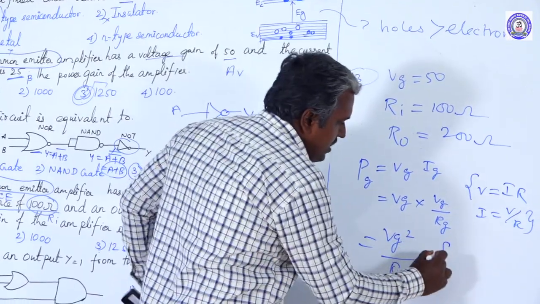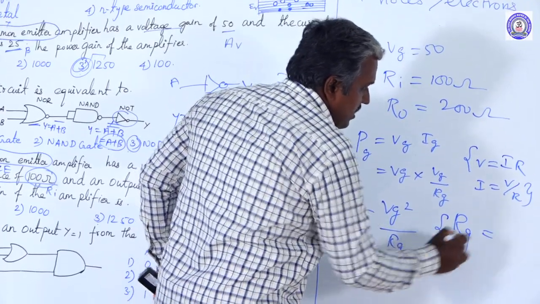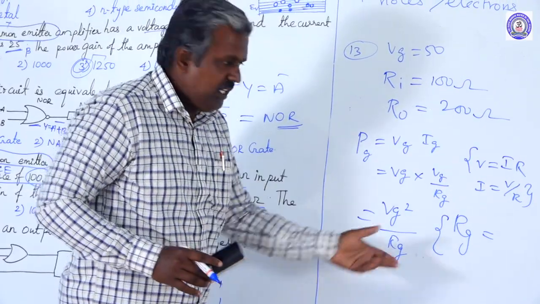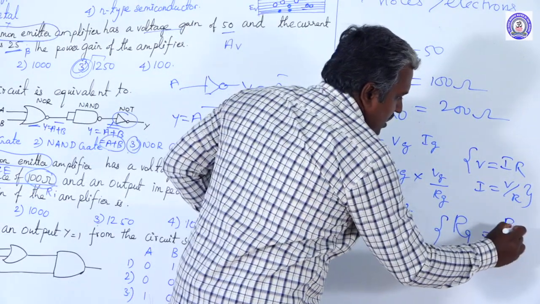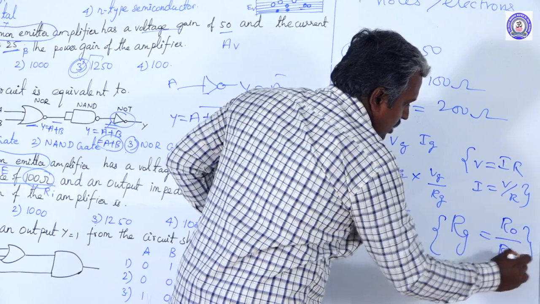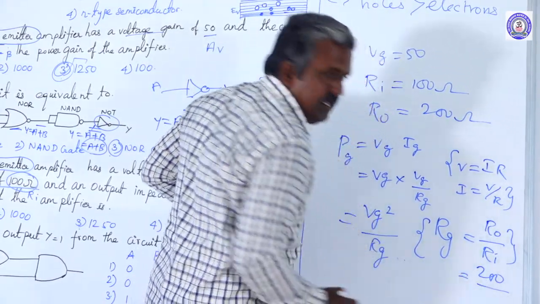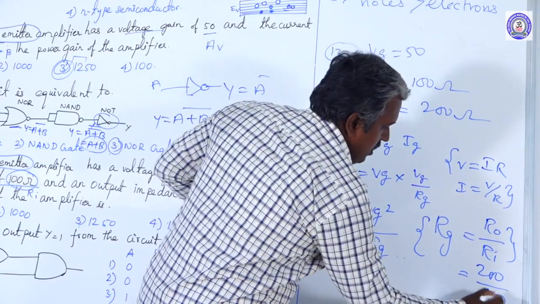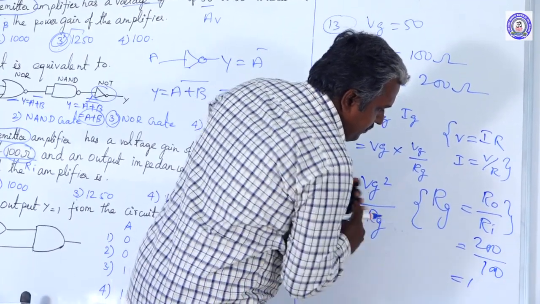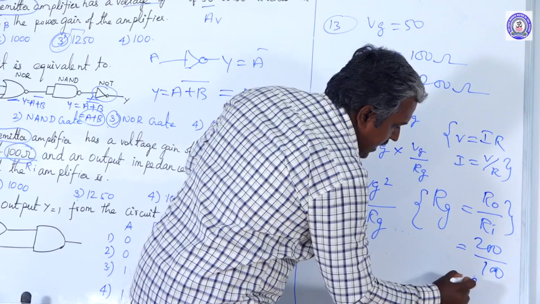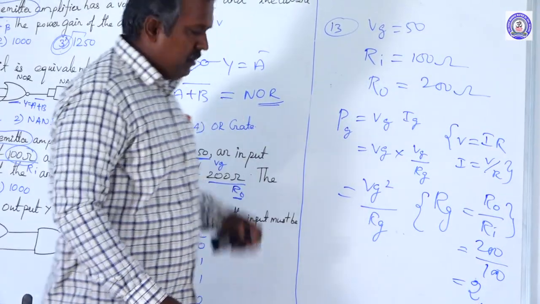How do you find the resistance gain? Resistance gain is output to input resistance. Output resistance is 200, input resistance is 100, so resistance gain is equal to 2.